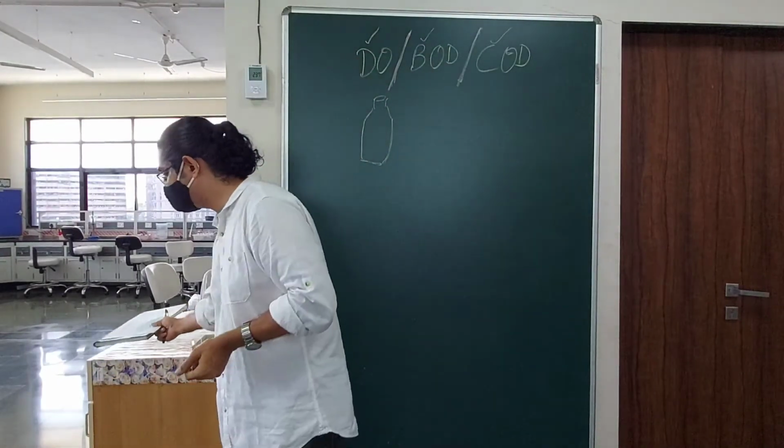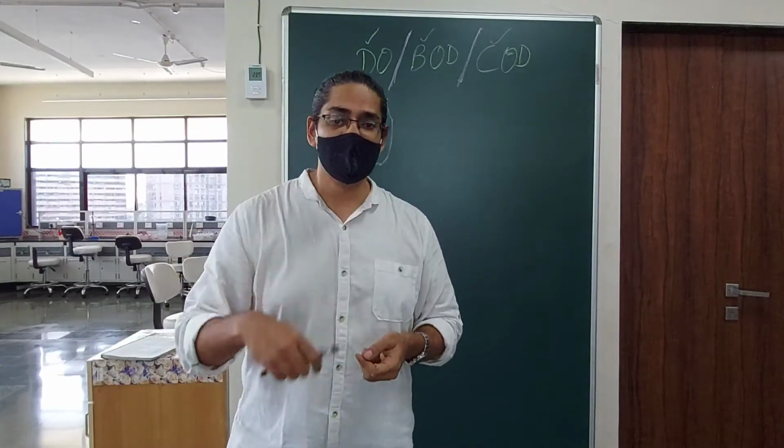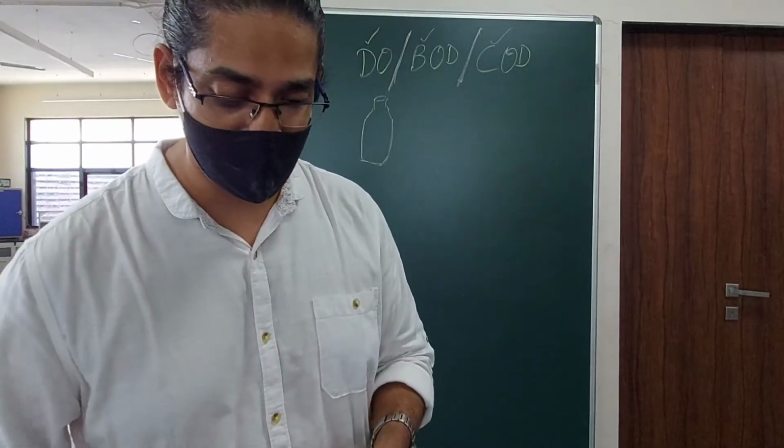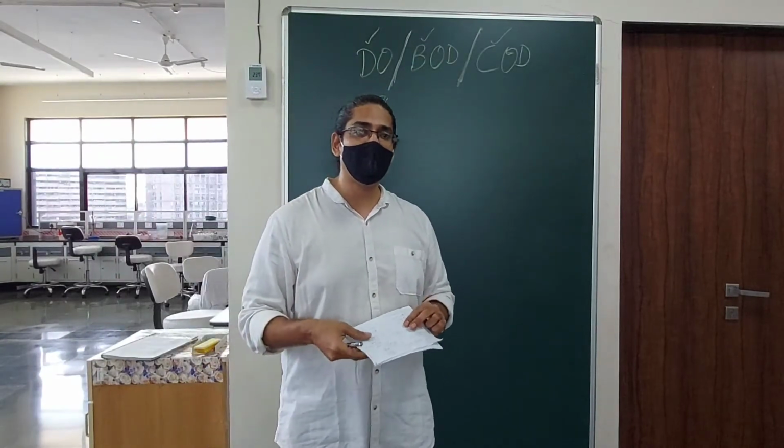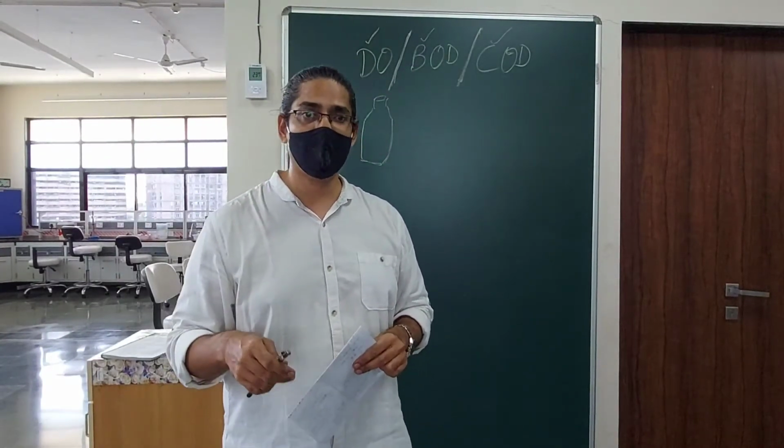Otherwise it's a bit of trial and error until you come to an appropriate dilution factor. And when you calculate, you have to factor in this dilution factor as well, as it is already incorporated in the formula, right?